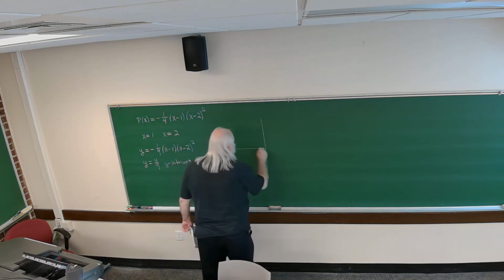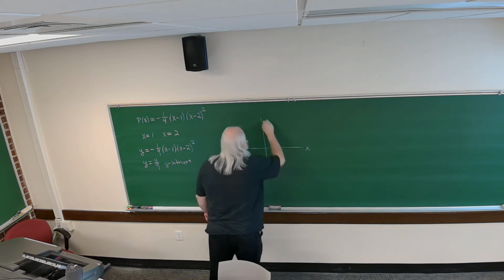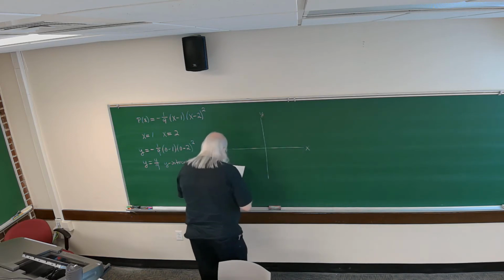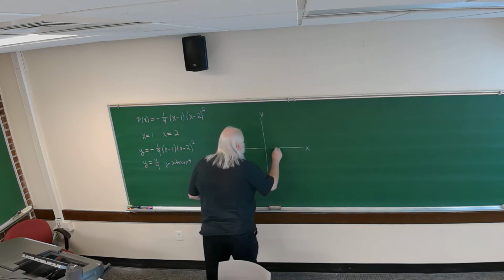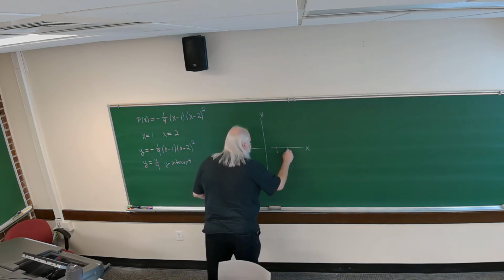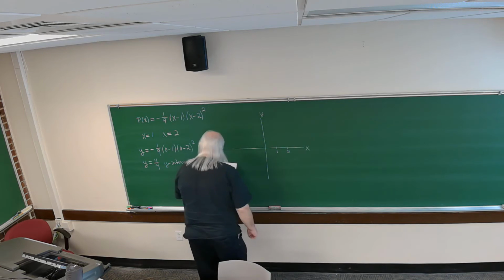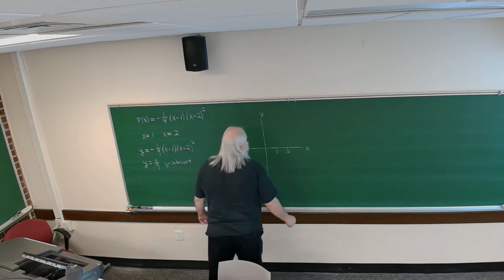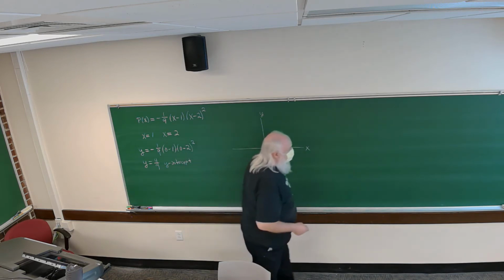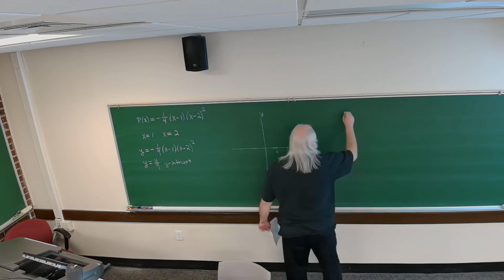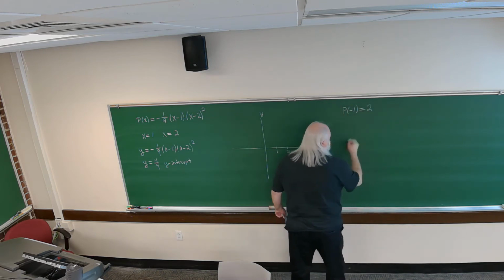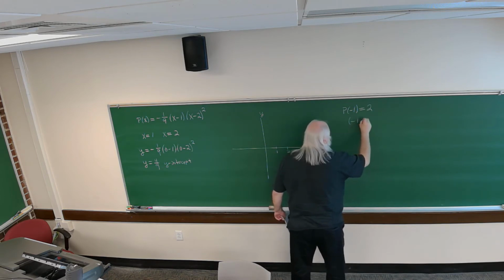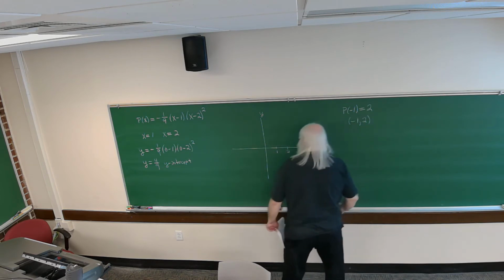So here's my coordinate plane. We have x-intercepts at x equals 1 and x equals 2. Oh, and we're also given in the definition of this function that p of minus 1 is equal to 2, which means the point minus 1, 2 is on the graph.